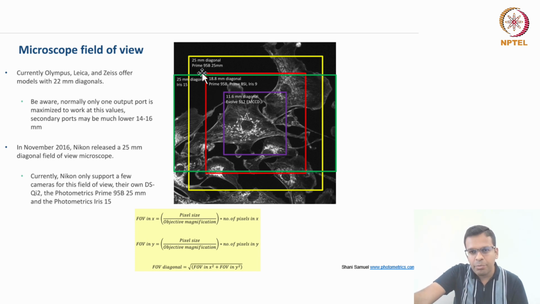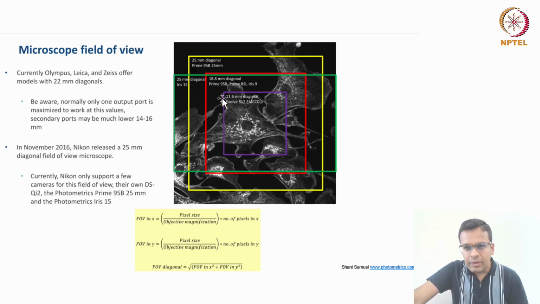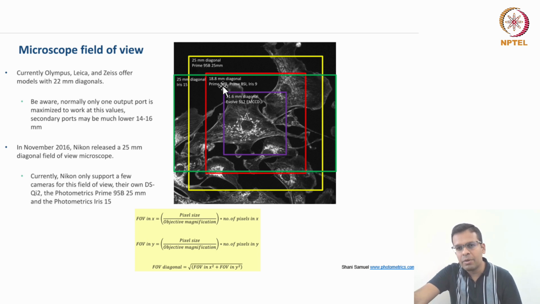This is Prime 95B, 25 mm, and this 25 mm is measured diagonally, from this end to this end. Then this is Prime BSI. It has 18.8 mm diagonal, and the IRIS 15 model camera provides a field of view of 25 mm. This is the highest field of view, 25 mm diagonal, which is offered by Nikon.